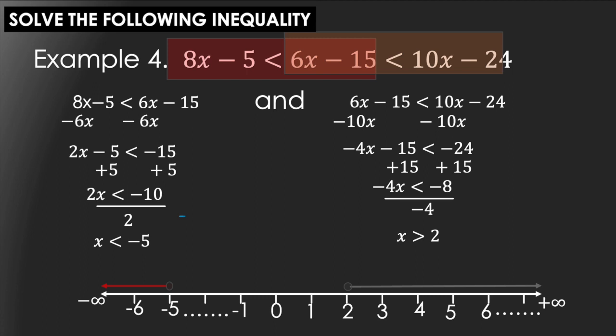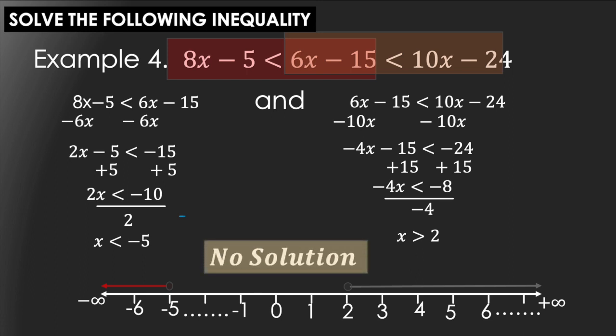But in this case, it does not overlap. So we have no solution to this inequality. How this inequality is different from all the other inequalities is that there is no solution to this particular inequality.